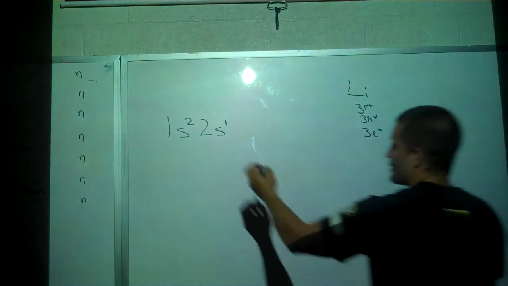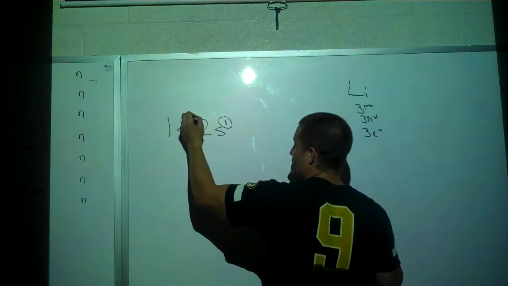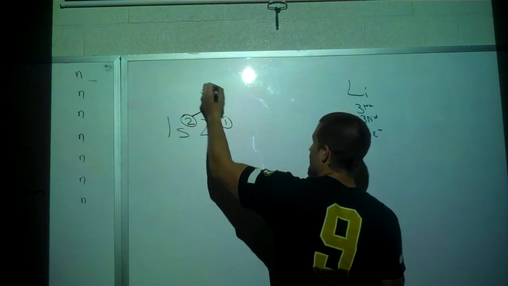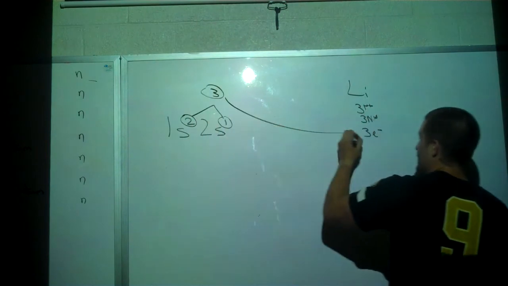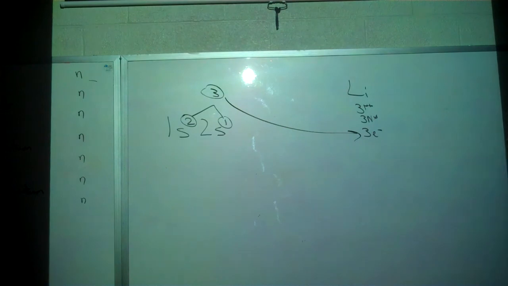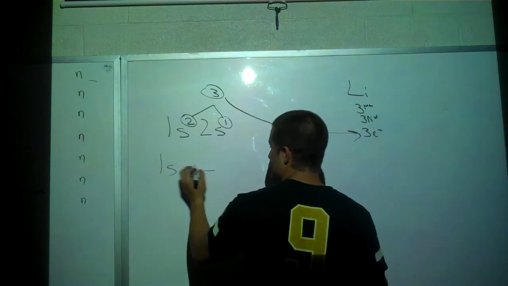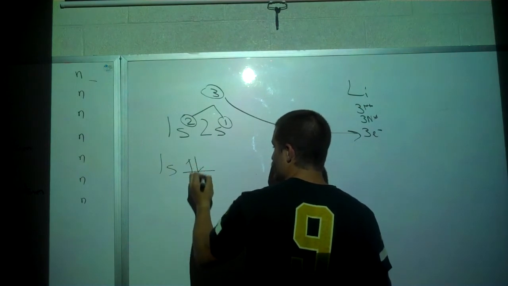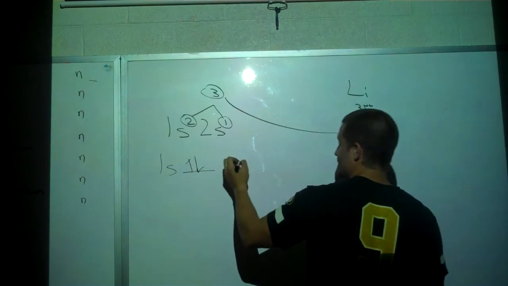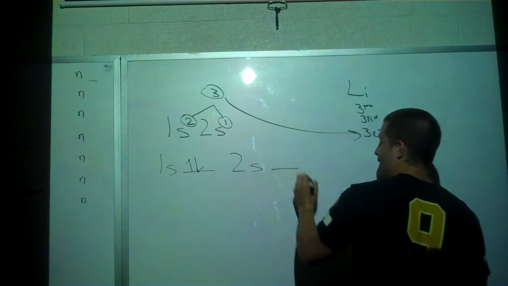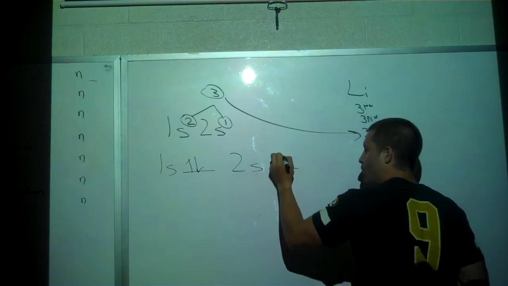Guess what this adds up to? These are the number of electrons, right? These are going to add up to 3. Guess what I have here? I have 3. Now, if I want to do this the other way, the lines and arrows, I have 1s, 1, 2. These are the number of electrons, and I have 2s. How many electrons do I have? I only have 1.